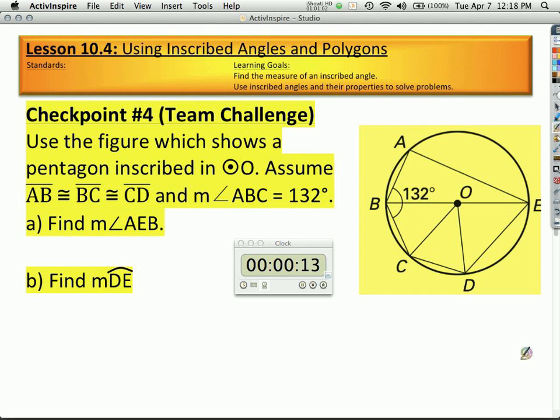See it on the paper, if you see it on the diagram, it might help spark something.